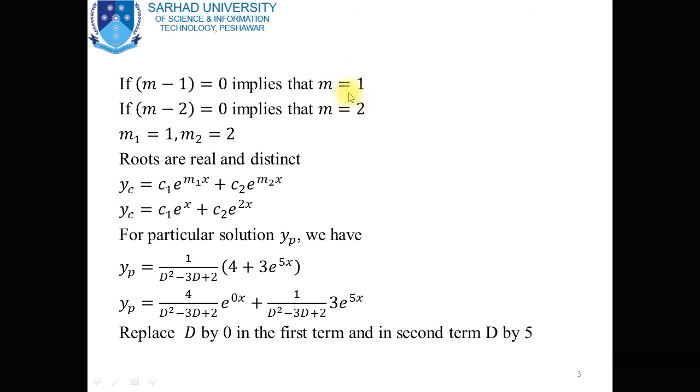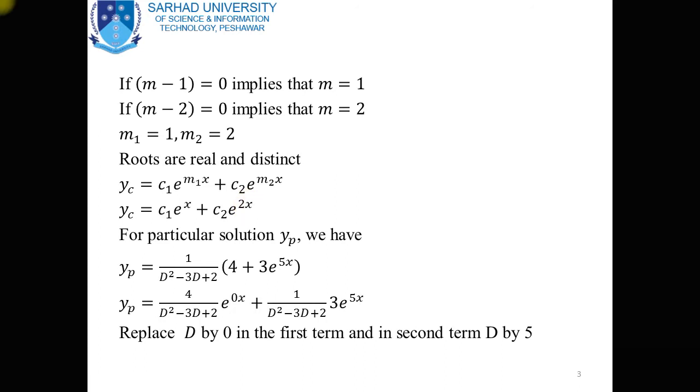So there are two real and different roots. So the complementary solution for the equation is equal to c1 e power m1x plus c2 e power m2x. Now m1 is equal to 1 and m2 is equal to 2. Putting the values of m1 and m2, we obtain the complementary solution c1 e power 1x plus c2 e power 2x.